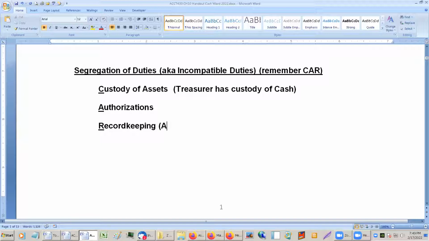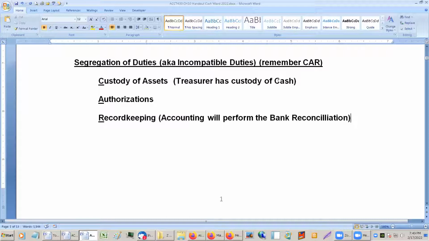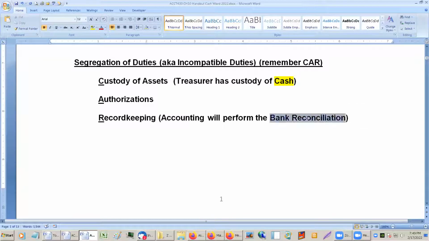Record keeping, accounting. So the treasurer has custody of the cash. And the accounting department will have the responsibility of doing the bank reconciliation. That's the record keeping.